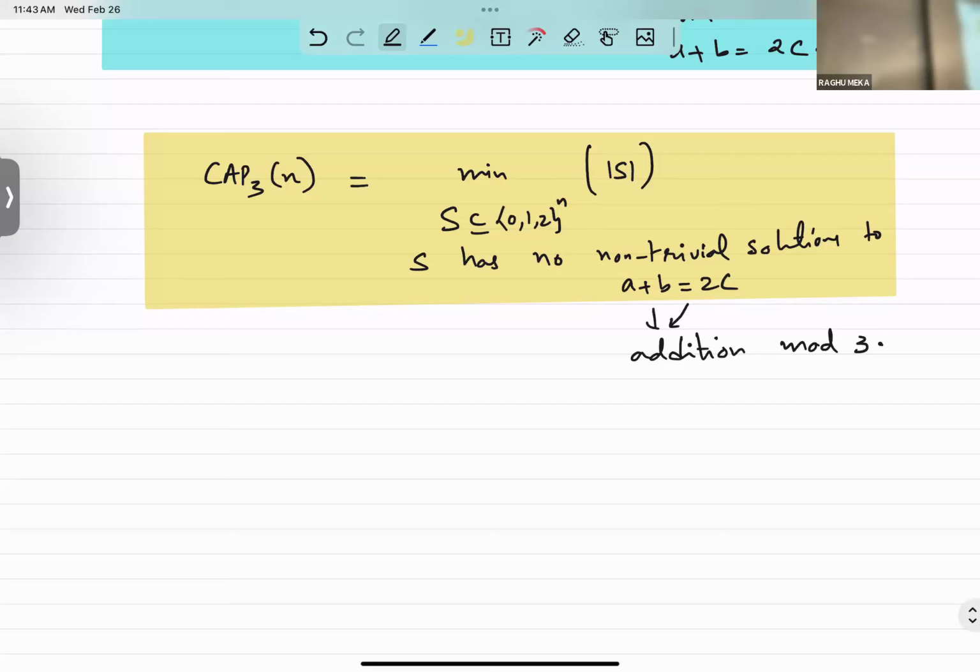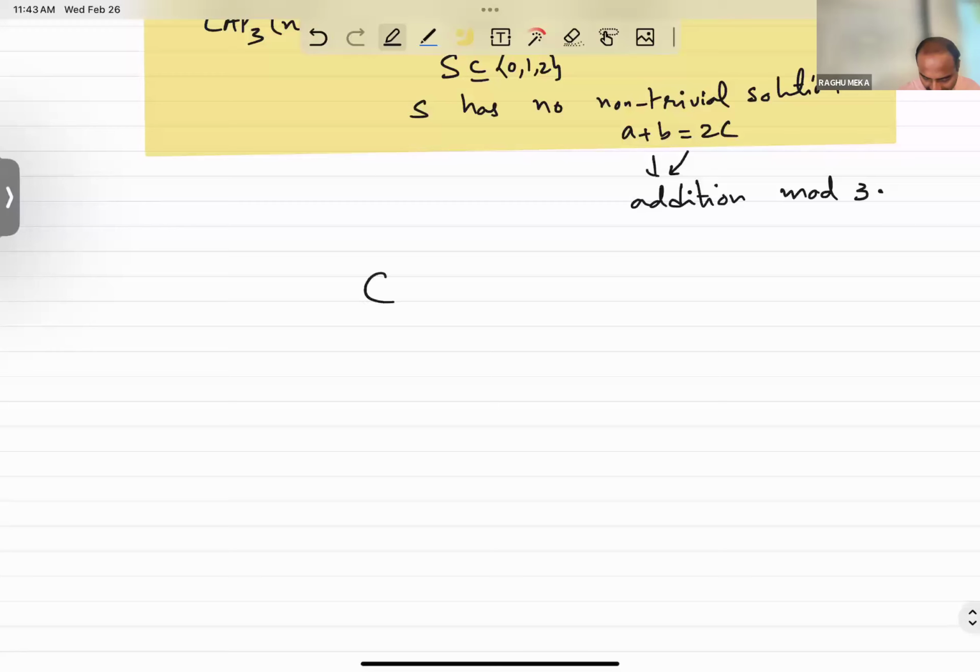So how many strings can I find over {0, 1, 2}^n such that a plus b doesn't equal 2c for any 3 elements in the set? I'm just doing addition over mod 3. This is what we're going to talk about in the next lecture. Here we know it's at least 2 to the n.